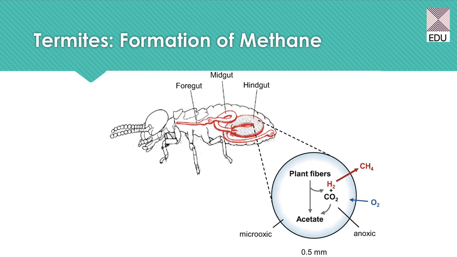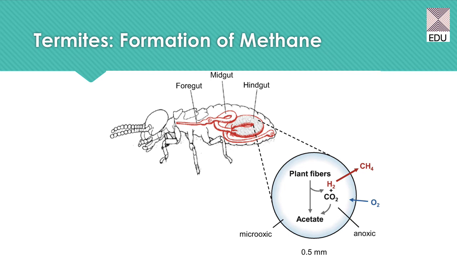The reaction is shown in a circle over here. The carbohydrate part of the plant fibers is fermented, it is reacted, and acetate is formed.